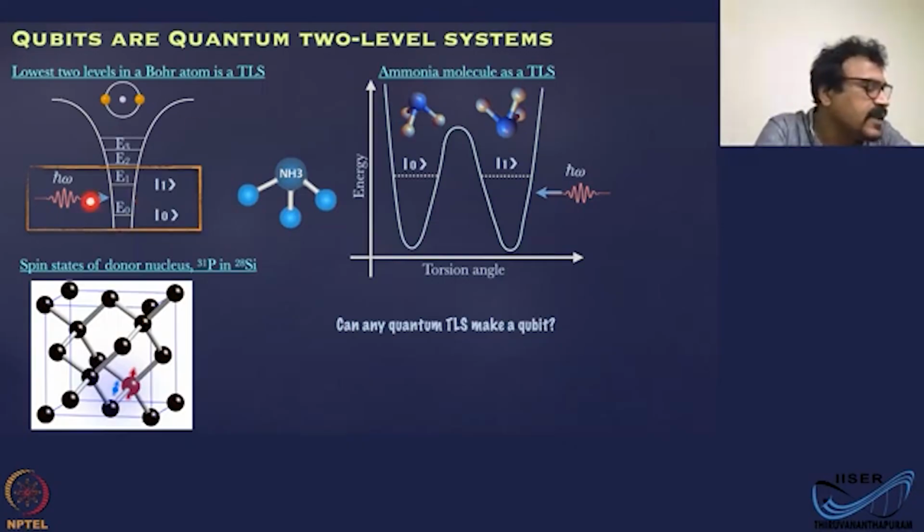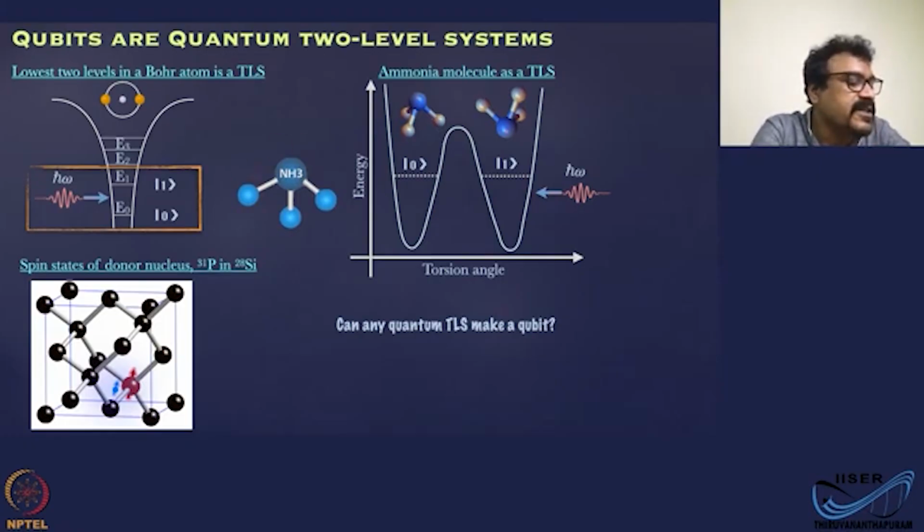This is one example of a two-level system. But there are other levels also here, and we have to somehow make sure that the system stays in these two levels. So it's a subset or a subspace of the entire state vectors.